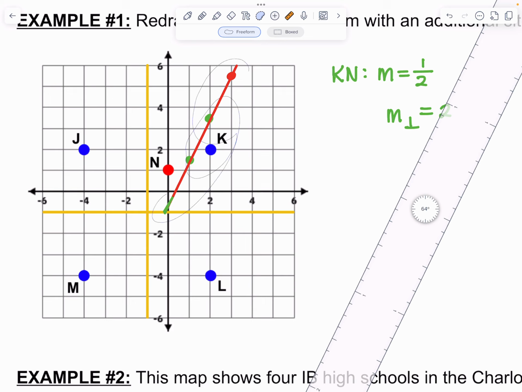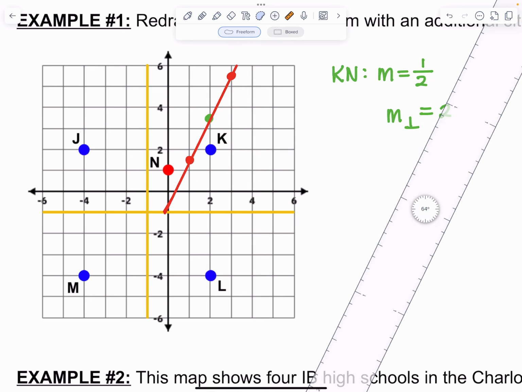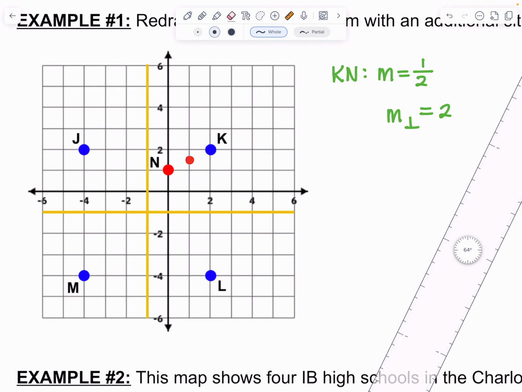All right. So now, excuse me, let me make sure I correct that. My slope should be a -2. So that means I go down 2 and right 1, up 2, left 1.